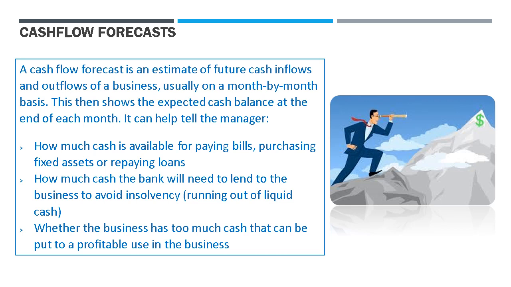It will help us to know whether the business has too much cash tied up in the form of inventory or unused fixed assets, which can be sold to make money that can be put to a profitable use in the business.